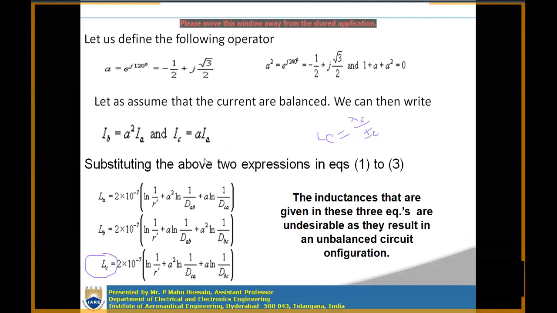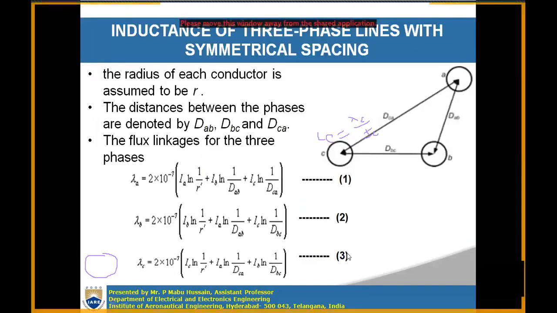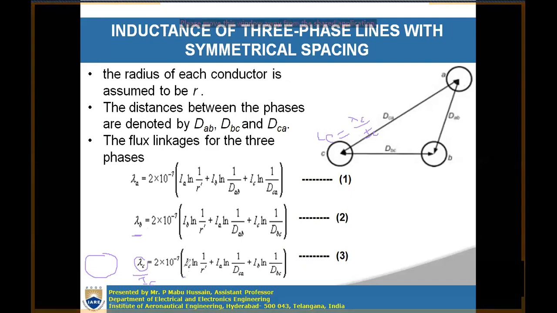So go to the previous slide here. Sorry, third one, lambda C. So lambda C by IC you have to get. That means in all these terms, you should have only IC.